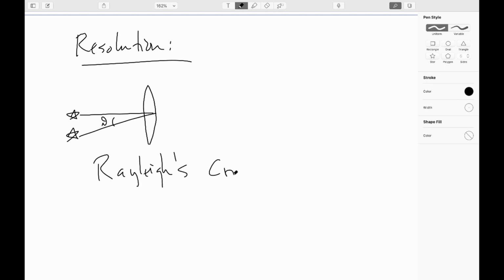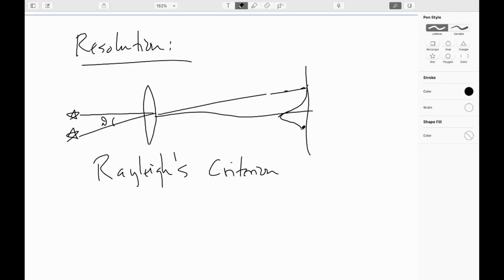R-A-Y-L-E-I-G-H, Rayleigh's criterion. And what Rayleigh argues is that if I follow through making the images of these, we can say that the images are just resolved if the central max of the one image, oops, sorry, didn't draw that very well at all, are just resolved if the central max of the one object sits right over the first minimum of the other.